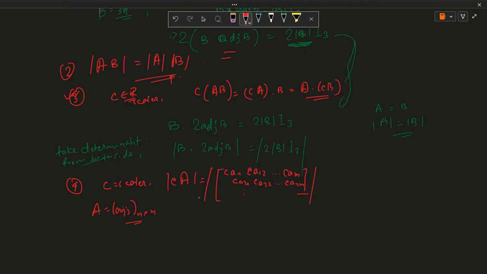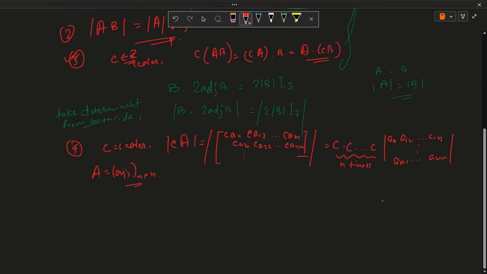In this determinant, we can take C common from each row. So C from the first row, C from the second row, up to the nth row. So it is n times, and the determinant remains the same: a11, a12, a1n, up to an1, ann. So it can be written as C to the power n, determinant of A. For all matrices, you can write this.